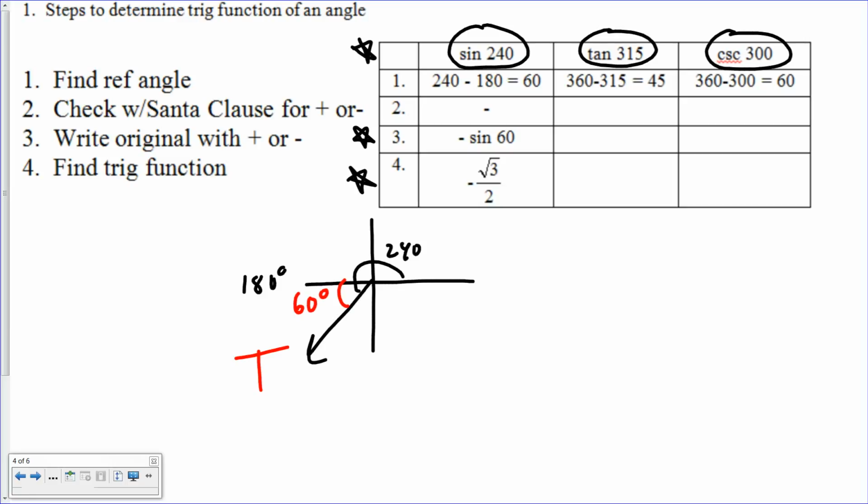I want to figure out what the reference angle is by drawing it, positive or negative, rewrite it with the reference angle, and then evaluate. 315 is in the fourth quadrant.